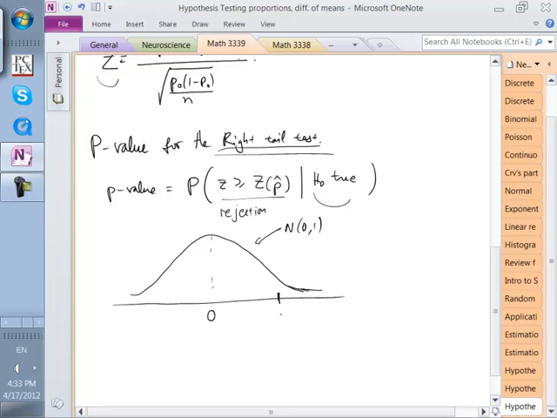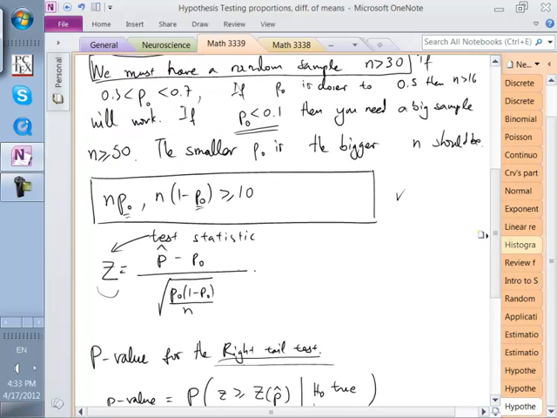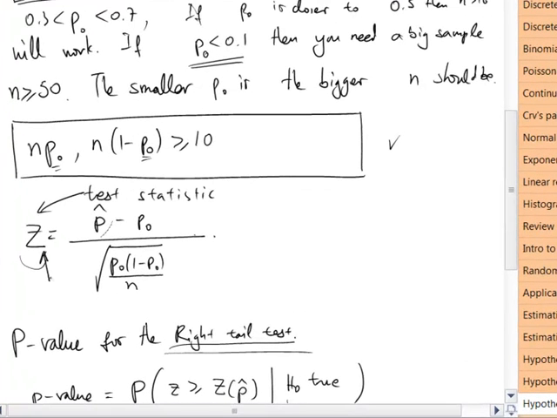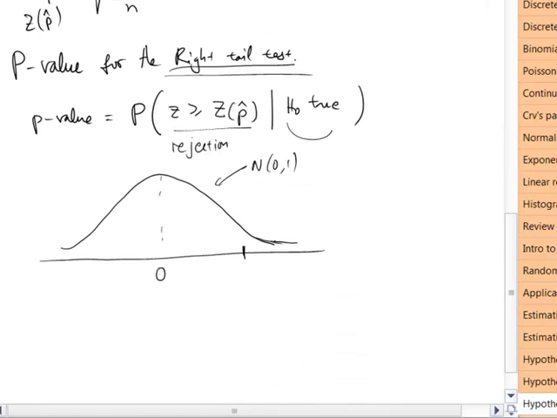And the value, when you plug p hat into the formula, is what I call here z of p hat, because it's a value that depends on p hat. So if that value comes here, the region whose area is equal to the p-value is actually the yellow area that I'm showing here.